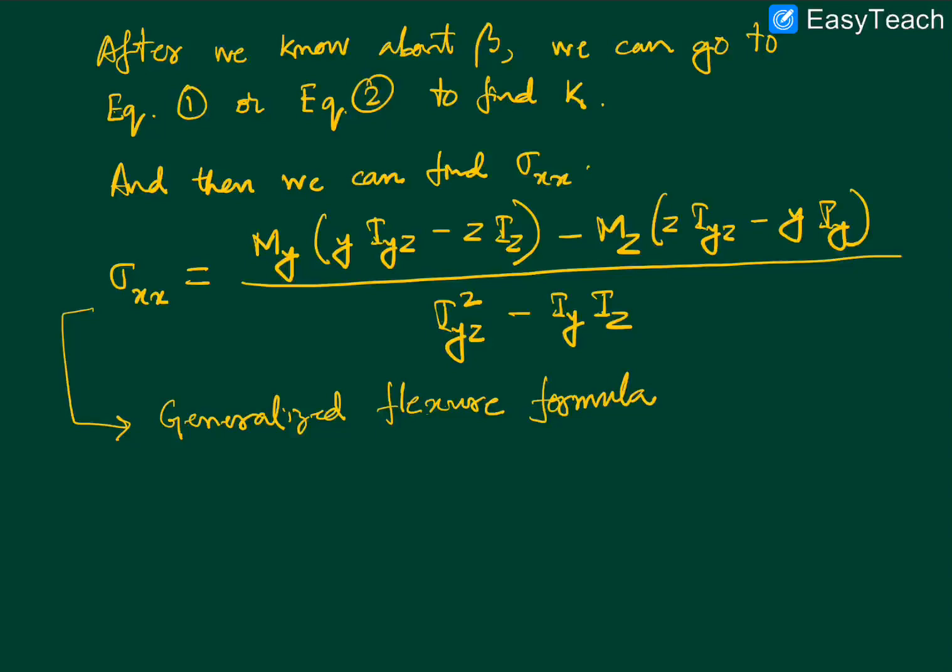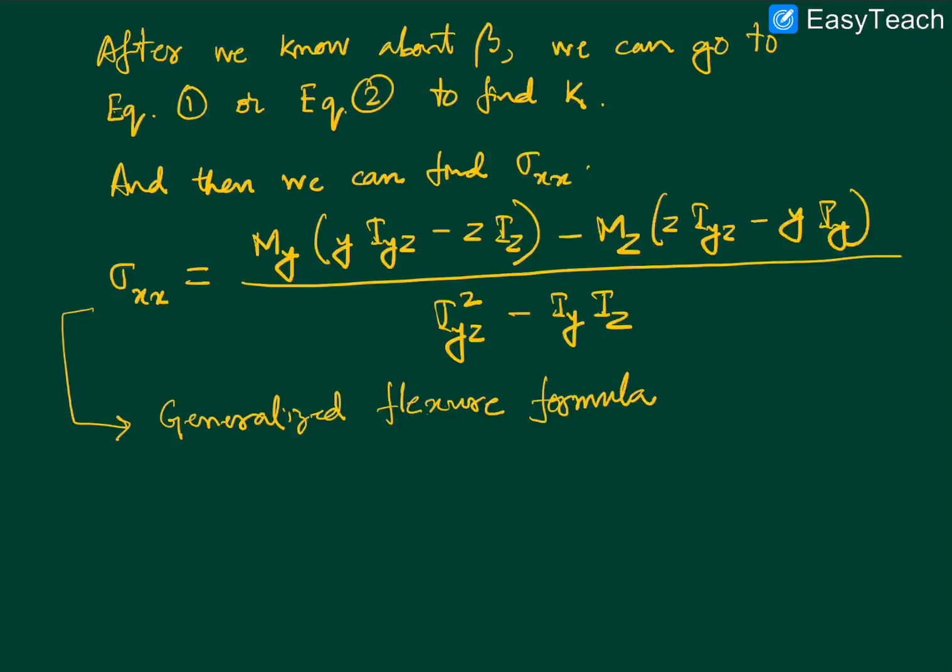And of course we can extract the answers to some much simpler cases directly from here. For example, if we have the special case where the entire bending moment is oriented along the z-axis, so we have My equal to 0, and this becomes considerably simpler.